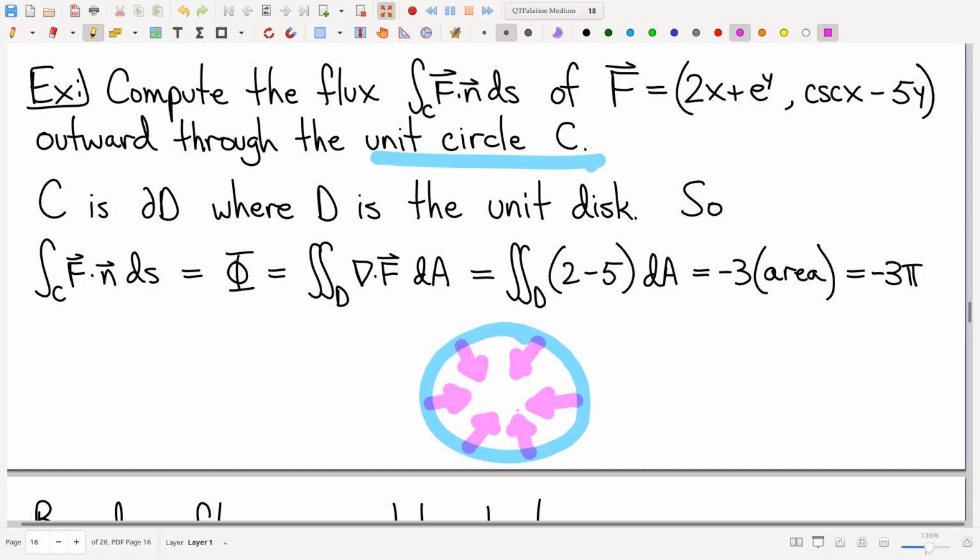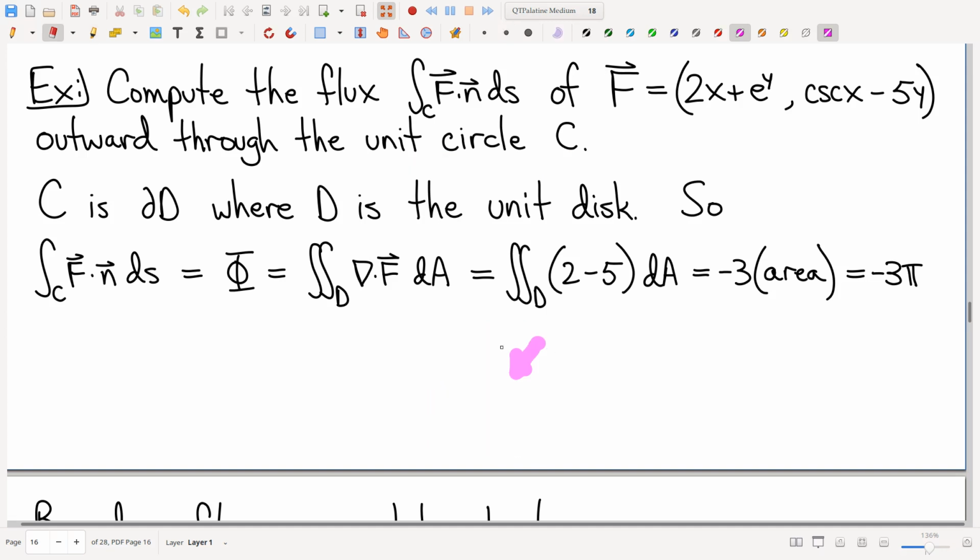If this circle is the wall of your city and you're being infiltrated by hordes, and you want to keep track of how fast the hordes are coming in, that's what you'd want to compute. All right. Cool.